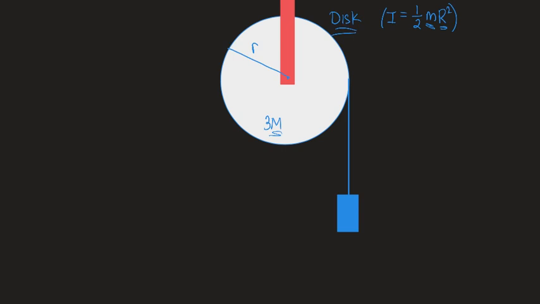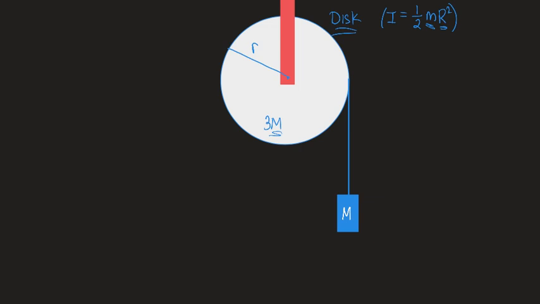I'm also going to say that the box we're hanging has mass capital M, 1 times that. Now, if I was to ask you how fast is the disk spinning when this block descends a distance h, that's a problem you should be able to do because we've talked about this problem a bit.